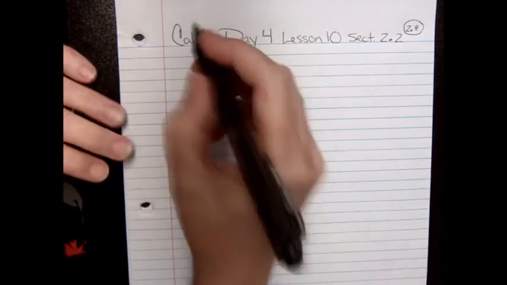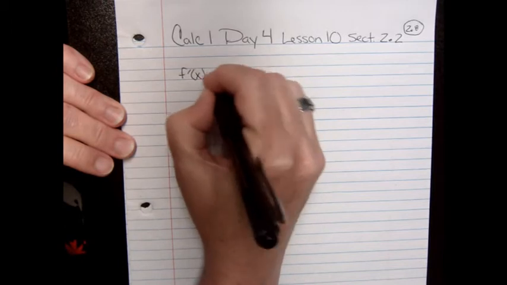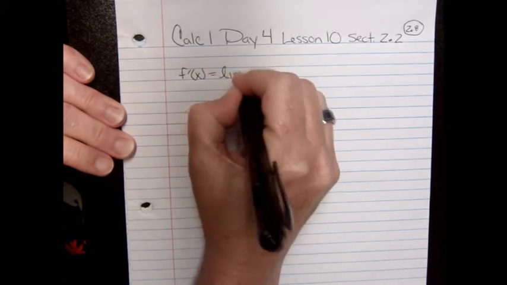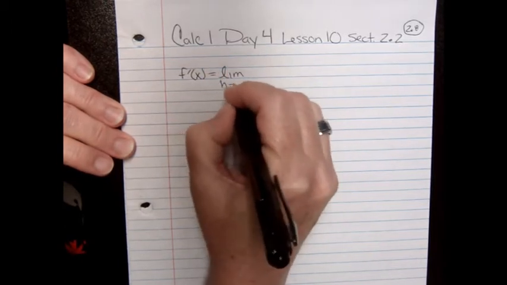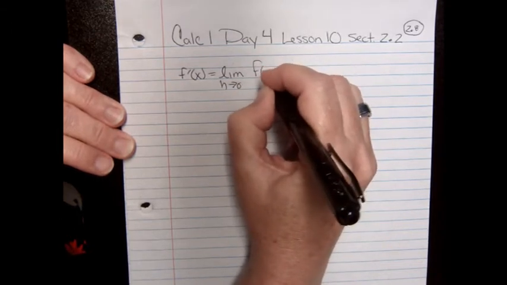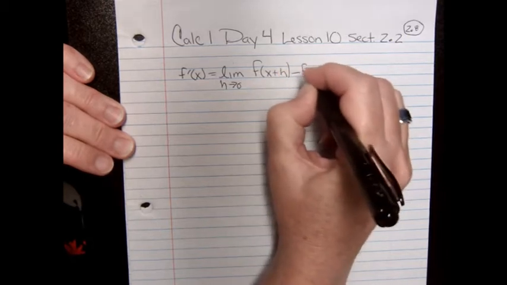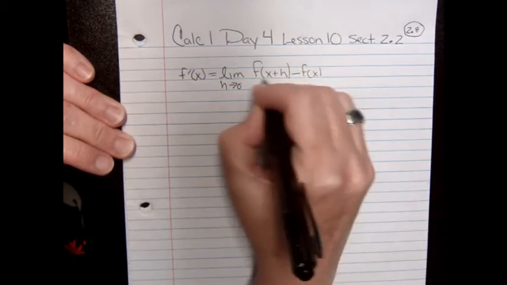Let's take a look at example 2. Back to doing a little bit of math. The formula for finding the derivative will be the limit as h approaches 0 of f of x plus h minus f of x, all over h.